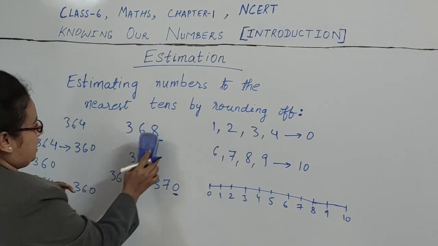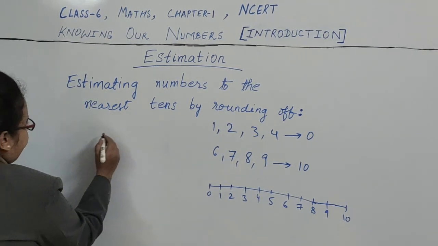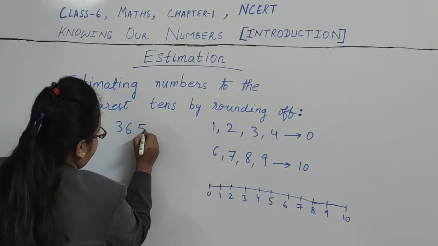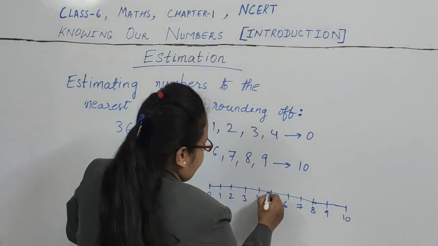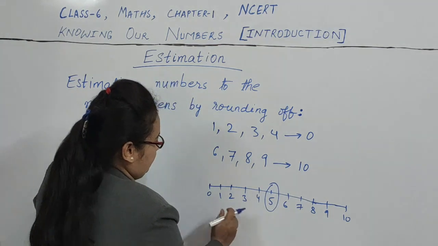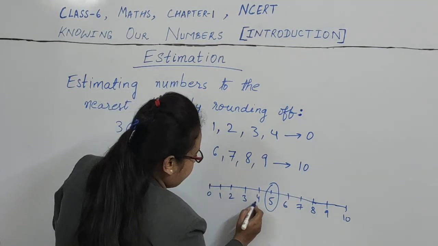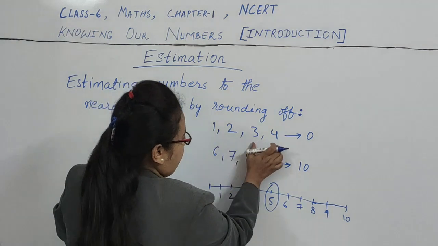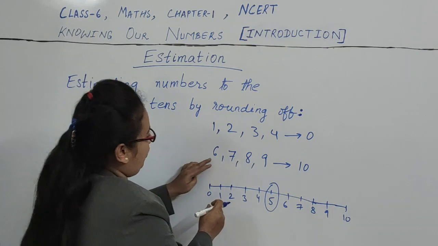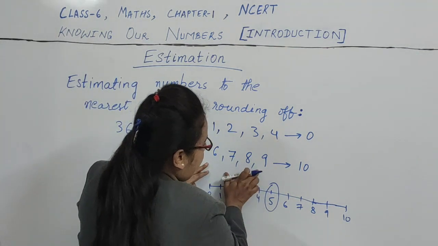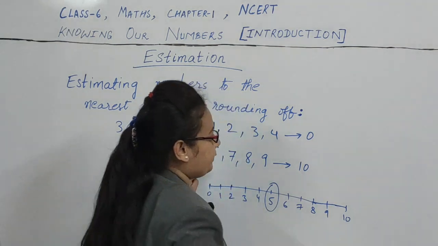But what about if the number is 365, then what? 5 is at the middle, because when the ones digit is 1, 2, 3 or 4, we round this off to 0 because these are closer to 0. When the ones digit is 6, 7, 8, 9, we round this off to 10 because these digits are closer to 10.